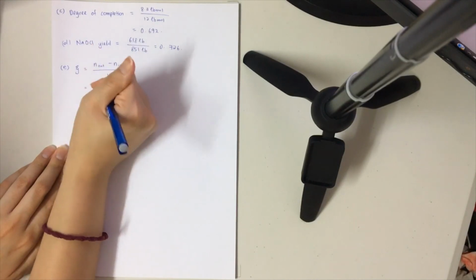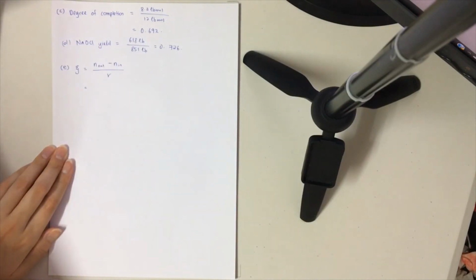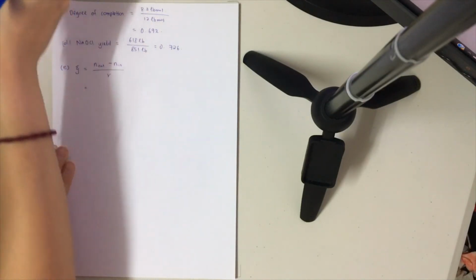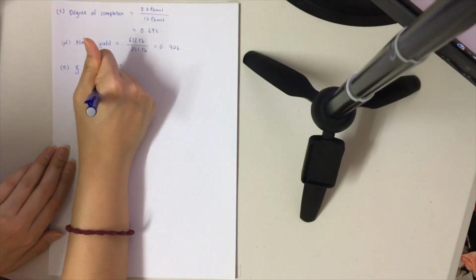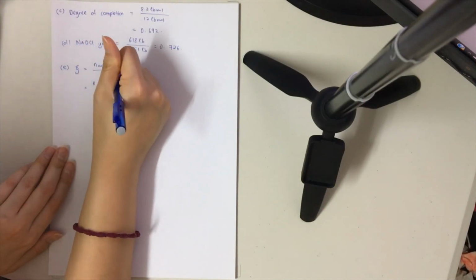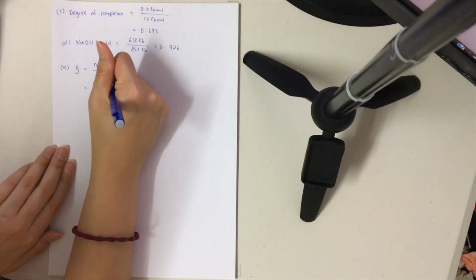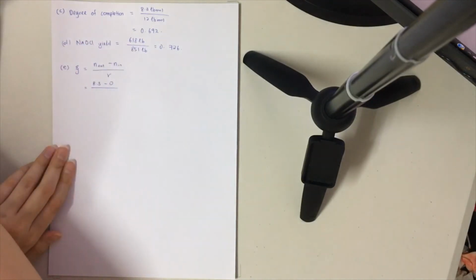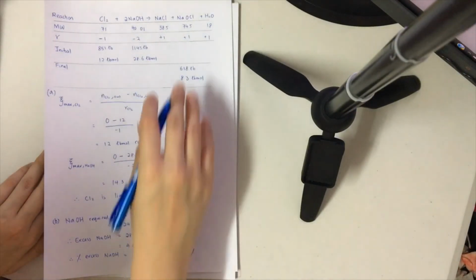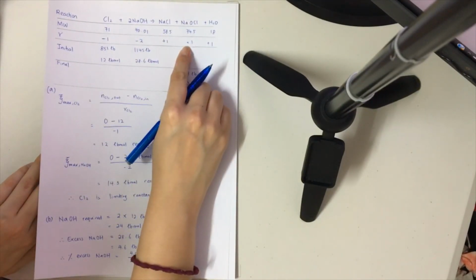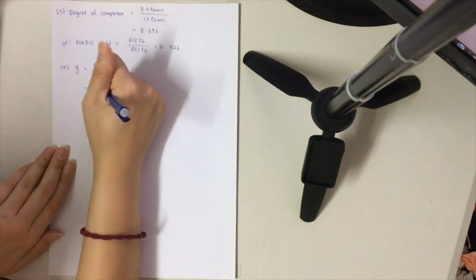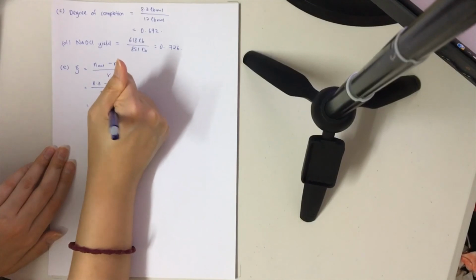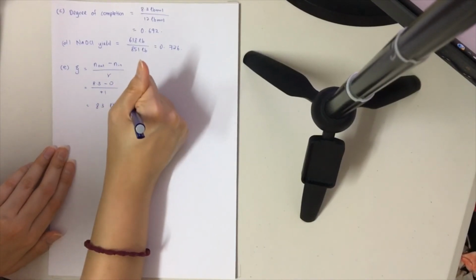In this case, the number of moles of NaOCl out was 8.3 pound mole minus 0, since there's no NaOCl coming in, divided by its stoichiometric ratio, which is positive 1, and the extent of reaction is 8.3 pound moles reacting.